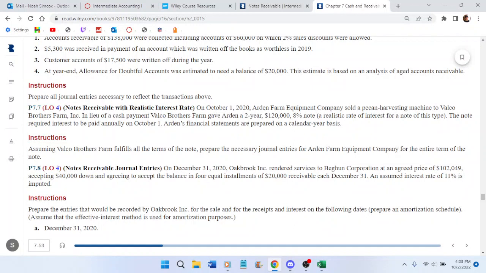So, time to close that off. They sold a machine. So first of all, you have received a notes receivable.